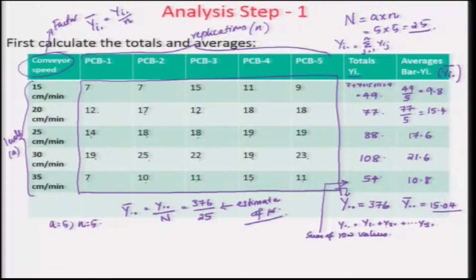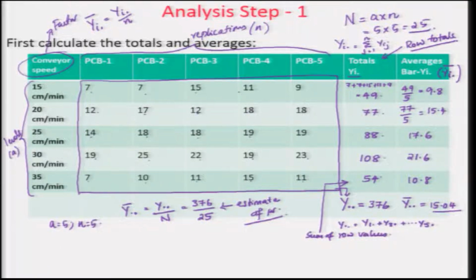Going through once again quickly, first we do the totals. These are the row totals, where you sum each individual value of the row.